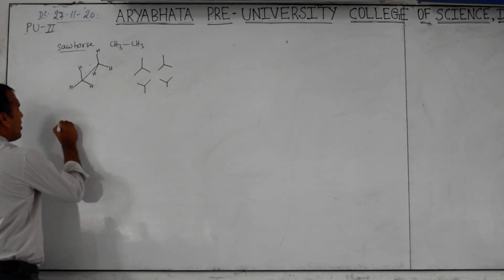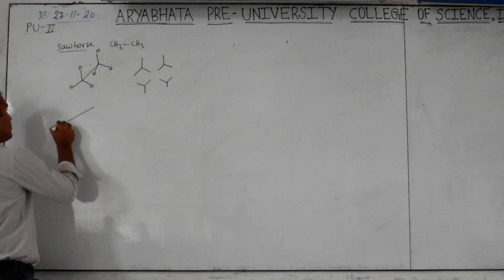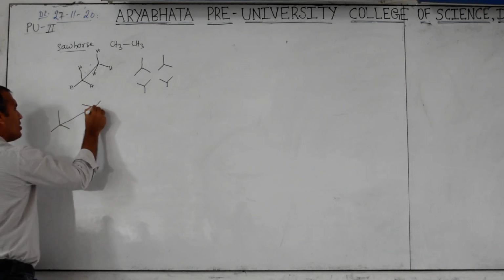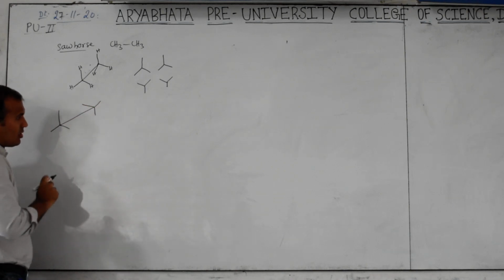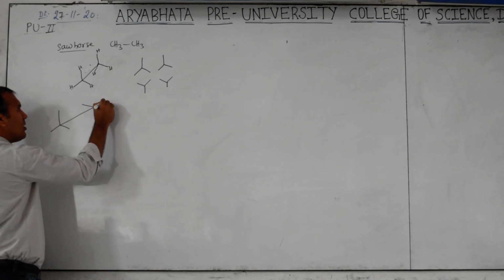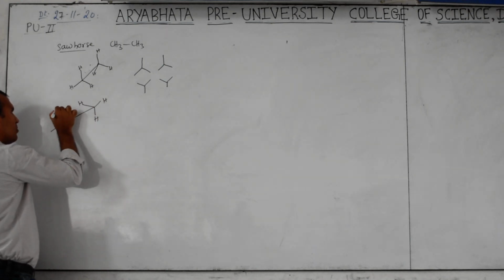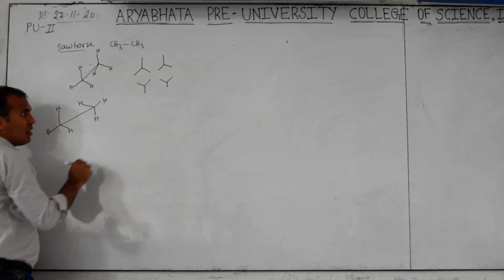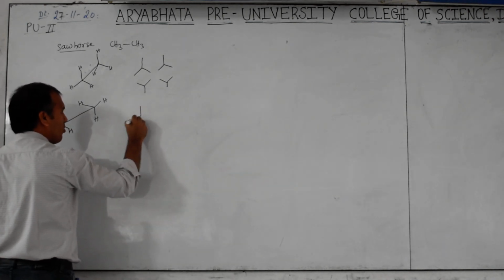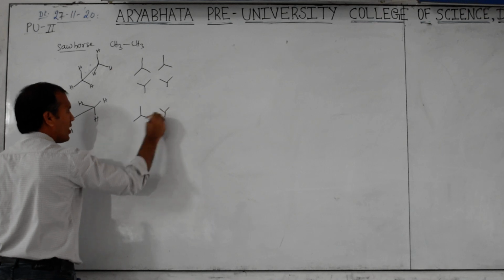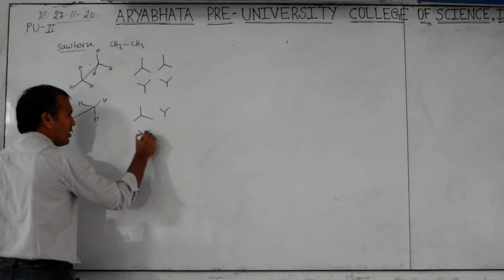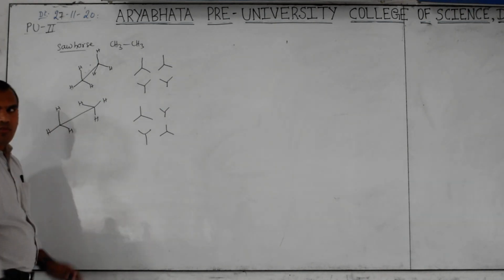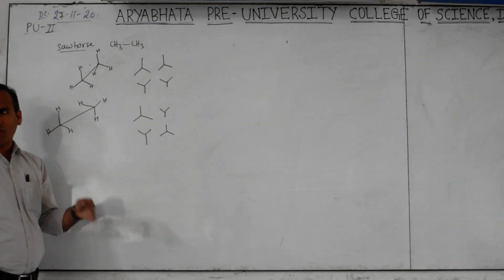Now again I will write one more eclipsed form. One I will keep like this only. I will keep another like this. Sorry, which form is this? Eclipsed or staggered? Staggered. These are opposite. In staggered form, one is an inverted Y and another is a Y. Otherwise, this is Y, this is inverted Y. Then if it is given like this, there is no need to see the angle.